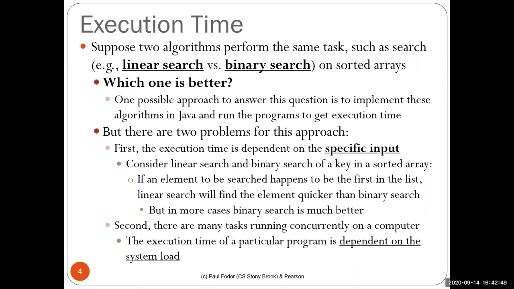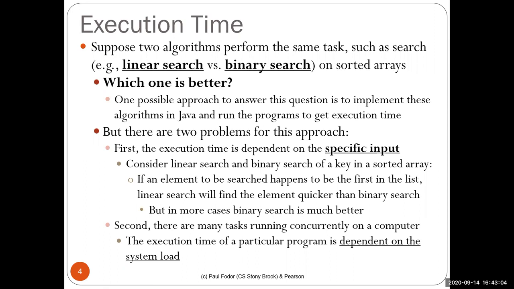If the element that we want to search for is the first element in the list, then linear search will finish immediately in basically one step. It does one comparison, it's equal, and it returns that index, 1.